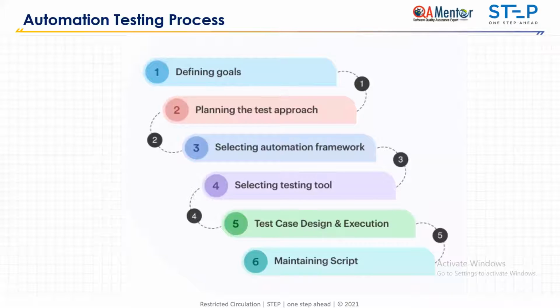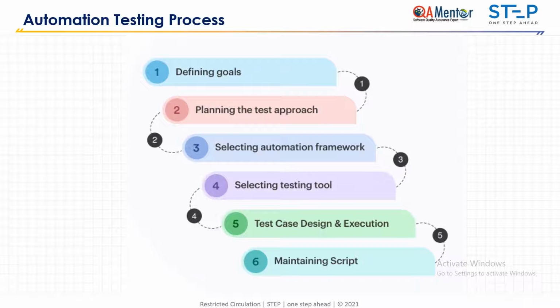So this is the automation testing process. We will first define the goals for automation, which type of automation we are going to do, then planning the testing approach, or how we are going to approach the testing. The automation test approach and strategy are very important. Selecting the automation framework will be the next step. Then selecting the test tool is an important point, where we are going to use UiPath as a tool for robotic test automation.